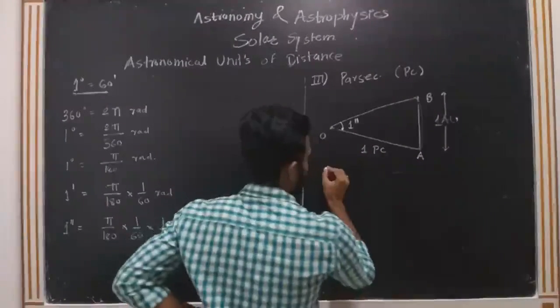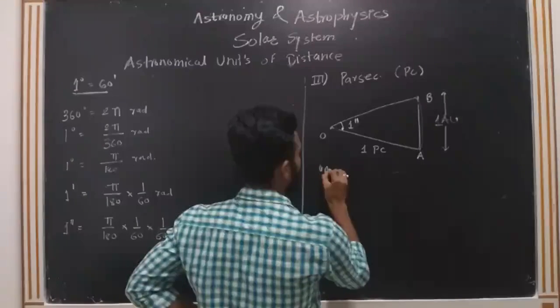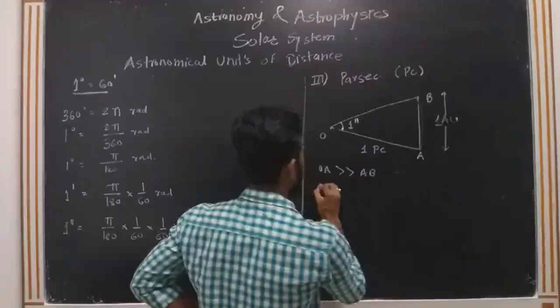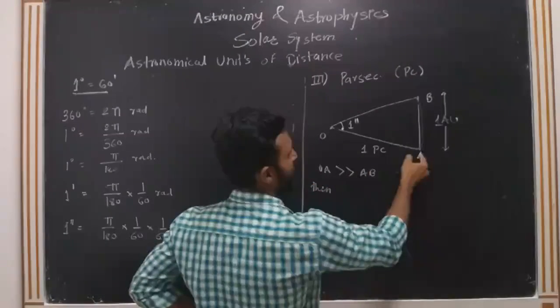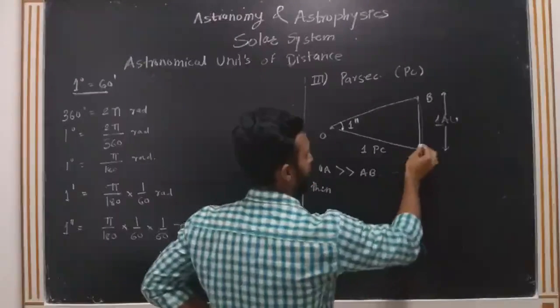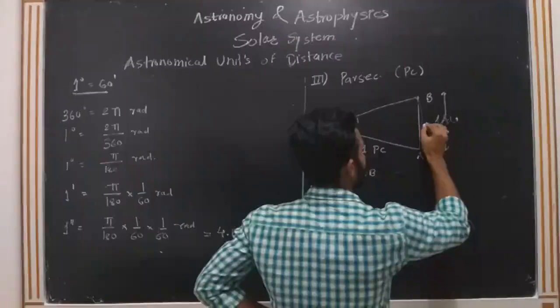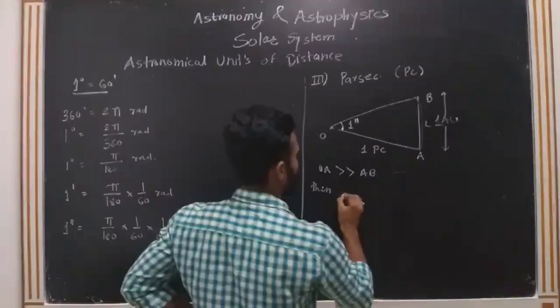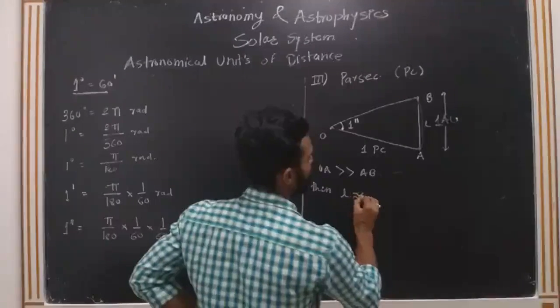If OA is much greater than AB, and L is the arc length, then L is nearly equal to AB.